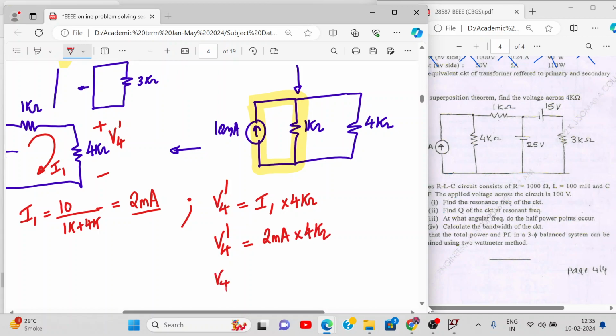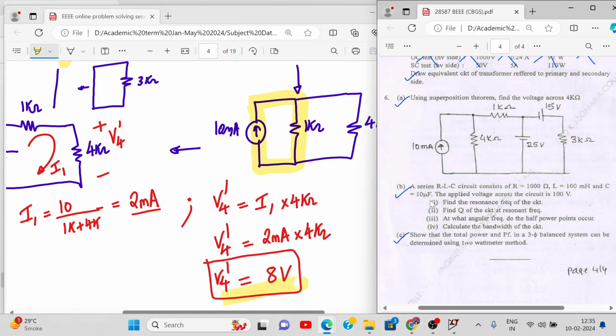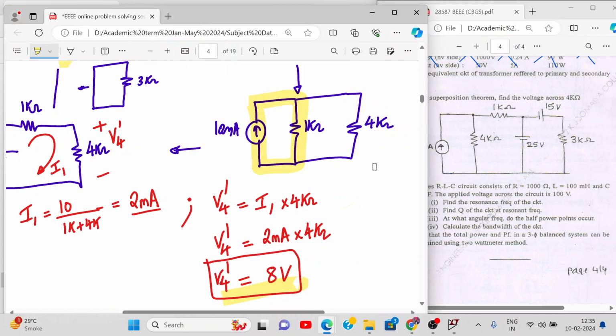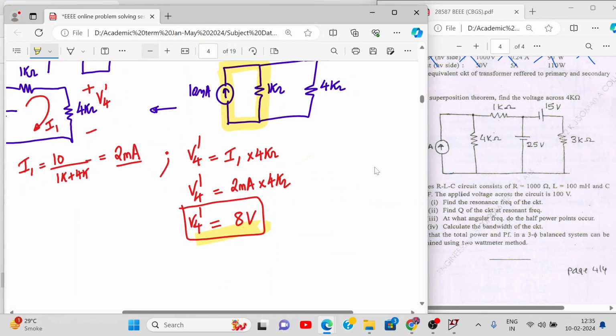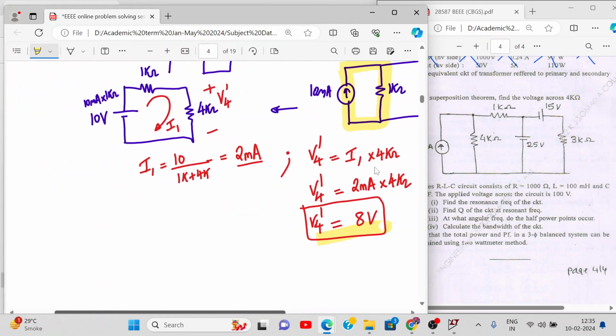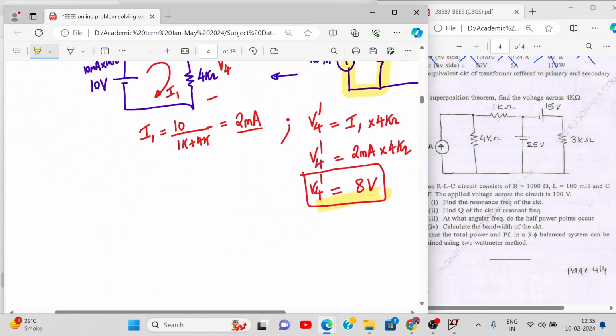How much is that? 8 volt. Just cross check. Yes. So we got one answer. Now we have to repeat the same thing for the other part. So please note it down. Now we'll go for another case.